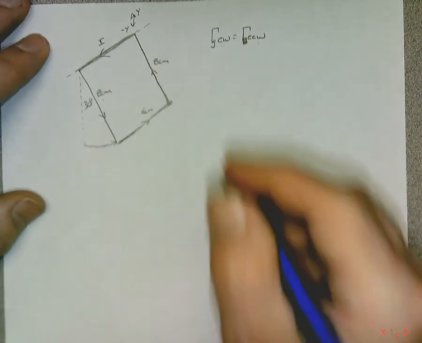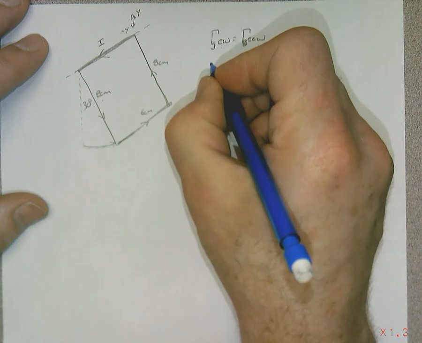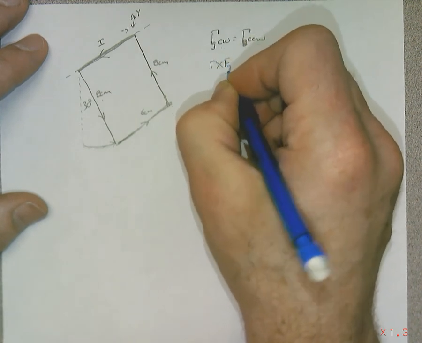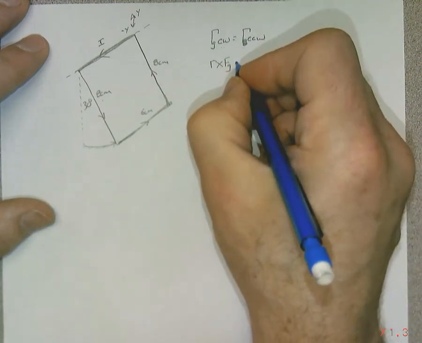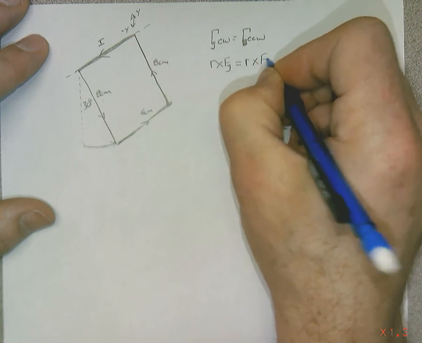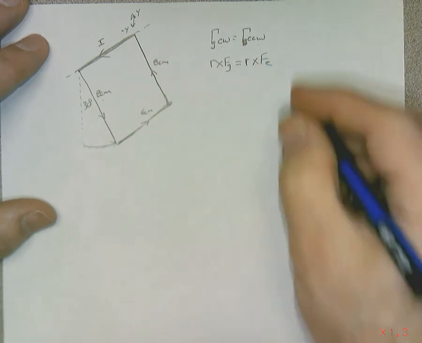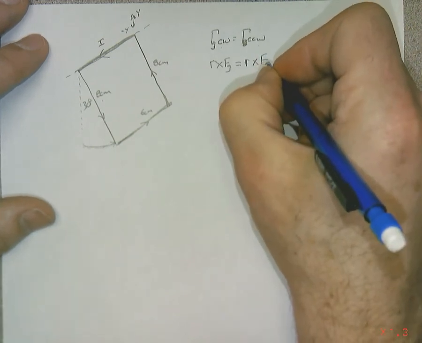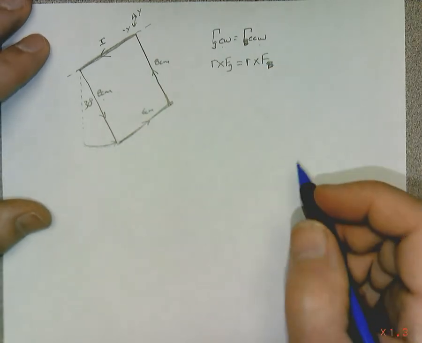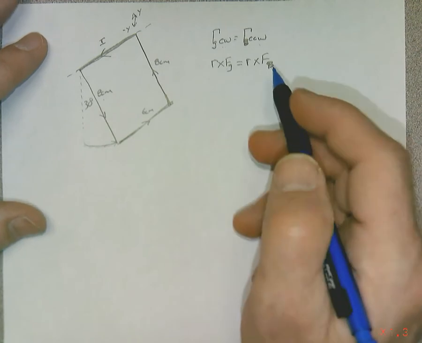So, to get this a little bit more concrete, R cross Fg, the clockwise gravitational torque, is equal to R cross FB, the magnetic force. Gravitational force, magnetic force.